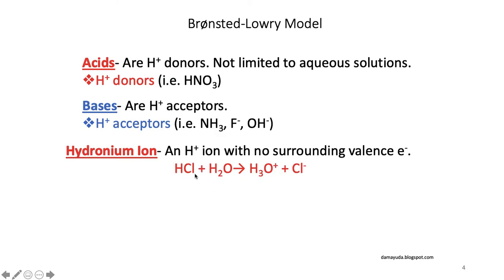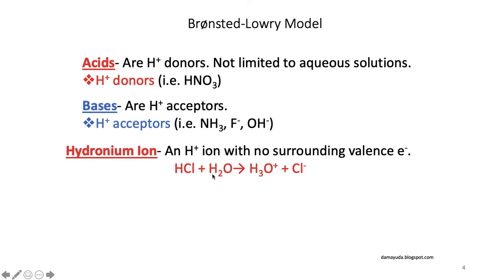We have HCl. If we put that in water, HCl is going to split into an H plus and a Cl minus in solution. And that H plus is going to be donated to the water to form H3O plus.